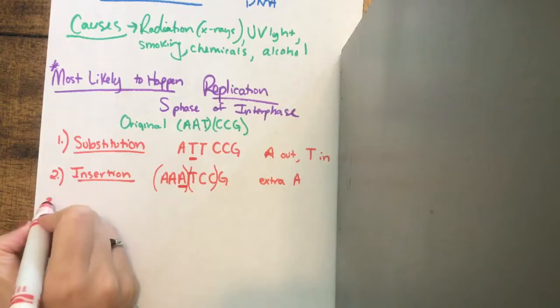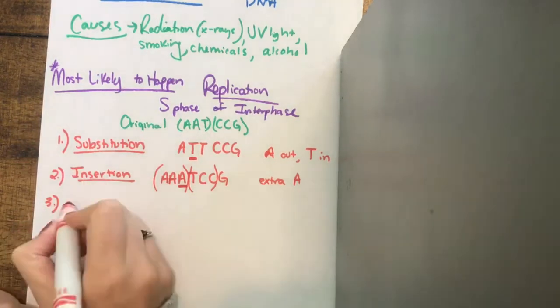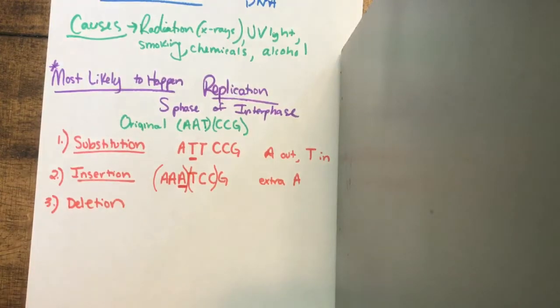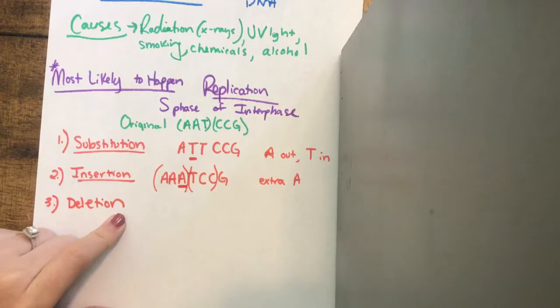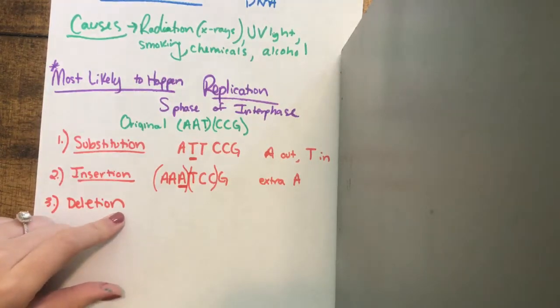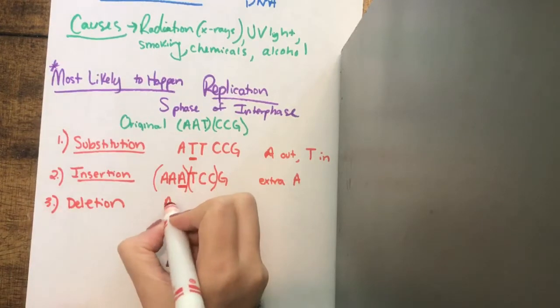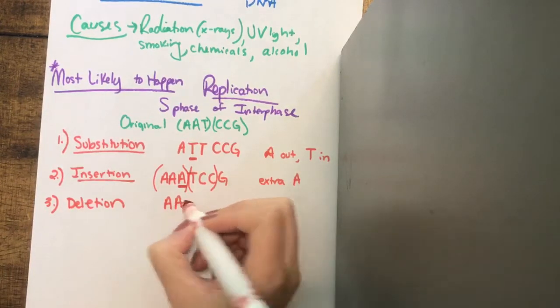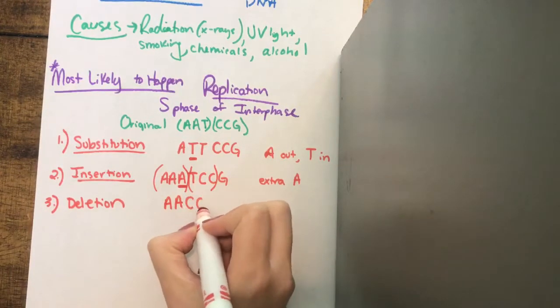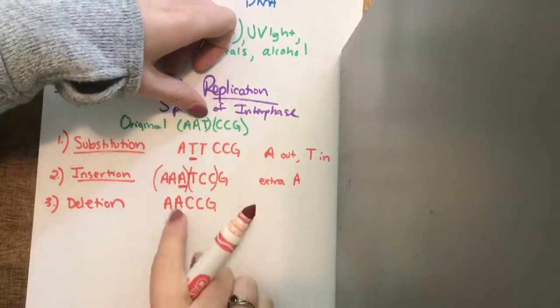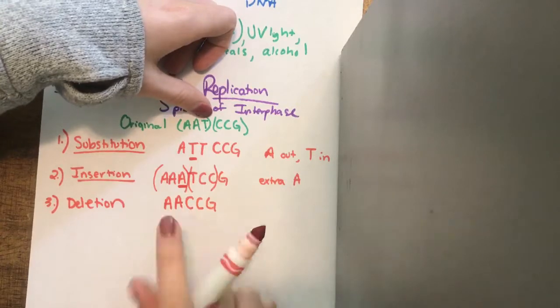The next one would be a deletion. And for a deletion, it's just like it sounds. You're going to delete something. So we're going to go ahead, think about what I am deleting. Okay, so if we compare to the original strand, you can see that that T is not there anymore.